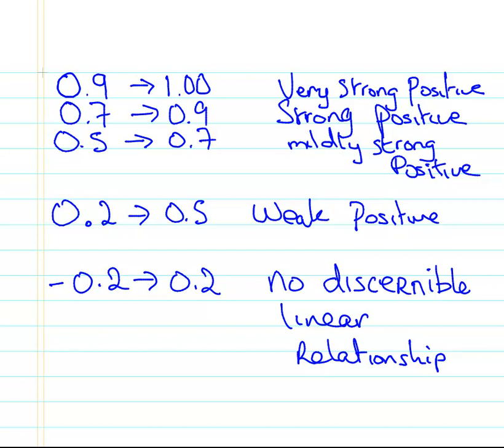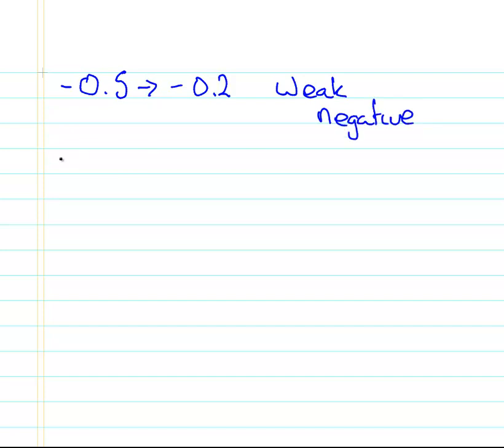Then we go in reverse on the negative side. Minus 0.5 to minus 0.2, weak negative. Minus 0.7 to minus 0.5, mildly negative.